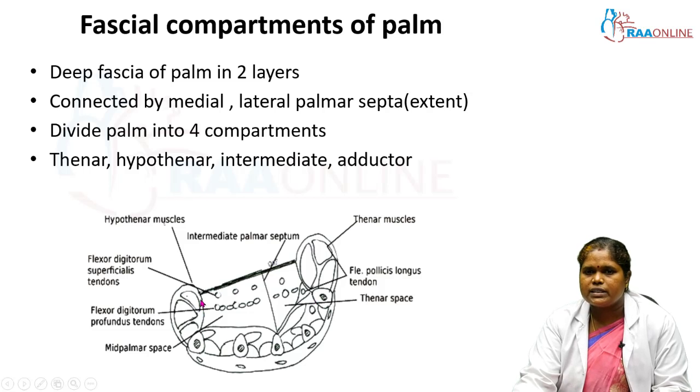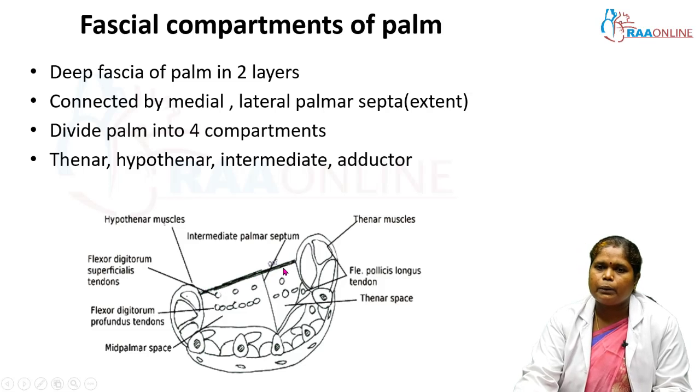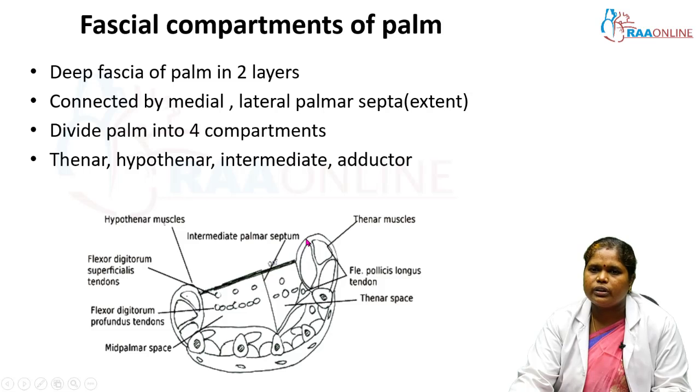You can just revise the palmar aponeurosis. While we were discussing the palmar aponeurosis, we discussed what happens to it on the lateral aspect and on the medial aspect. On the lateral aspect, the palmar aponeurosis becomes thinner to cover the thenar group of muscles, and that is known as the thenar fascia.